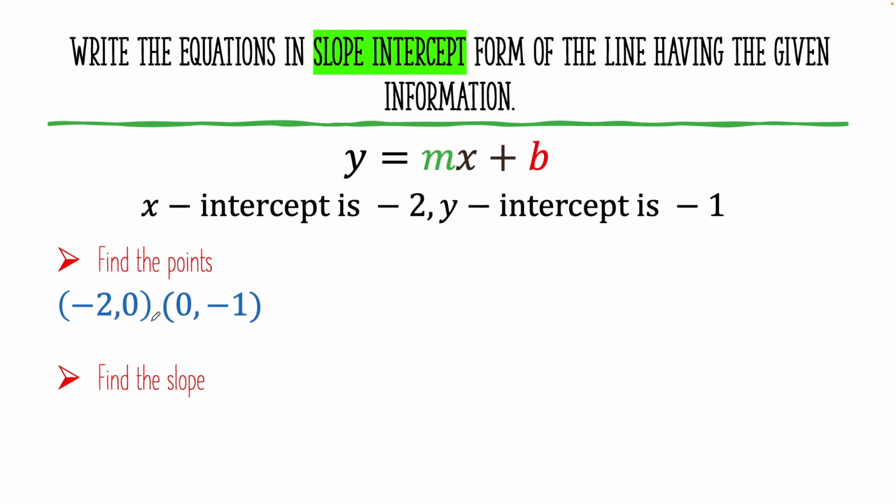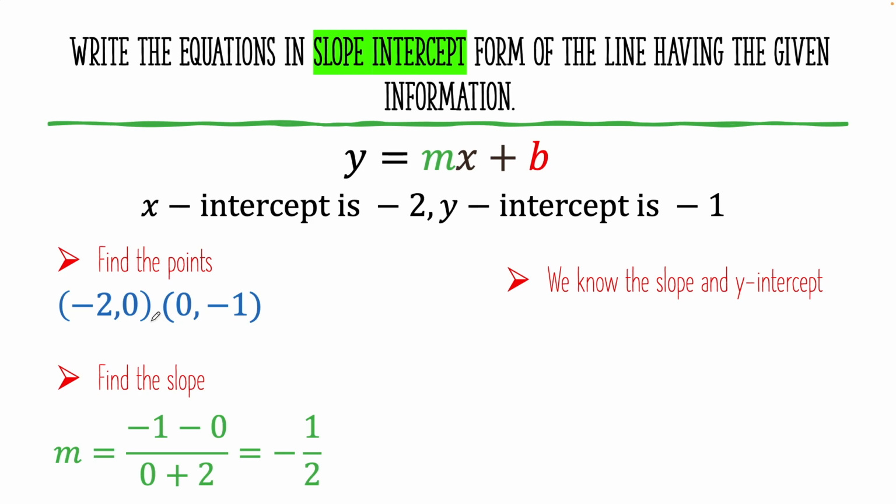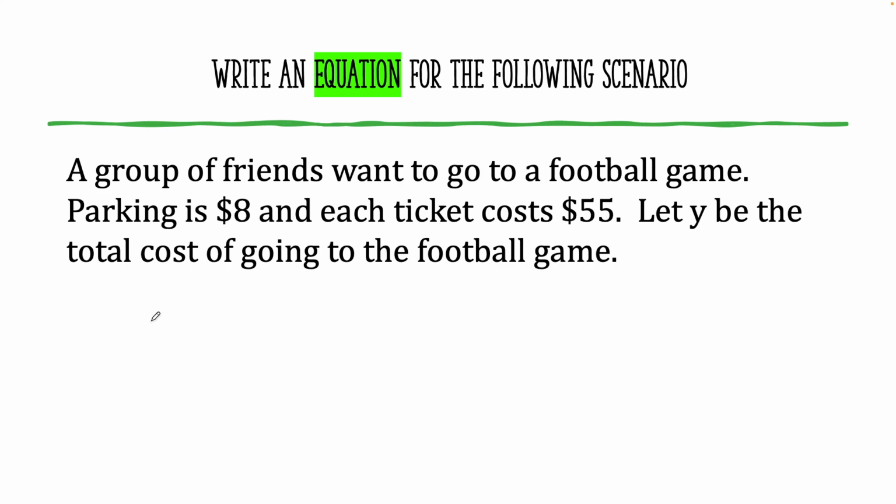Now we can find the slope. -1 minus 0 over 0 plus 2. So we get a slope of -1/2. And actually, we already know the y-intercept is (0, -1), so we can just pop that right into slope-intercept form. y equals -1/2 x minus 1.